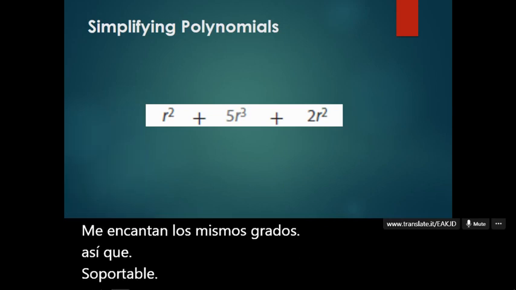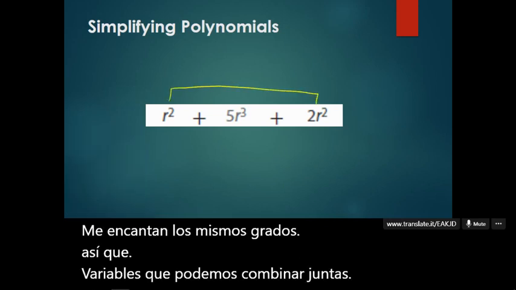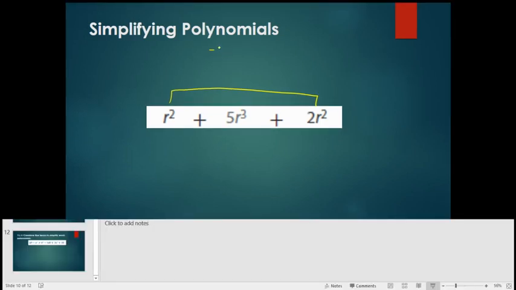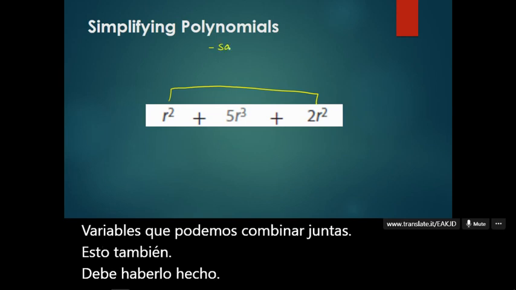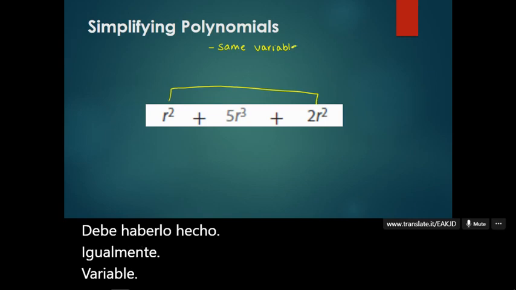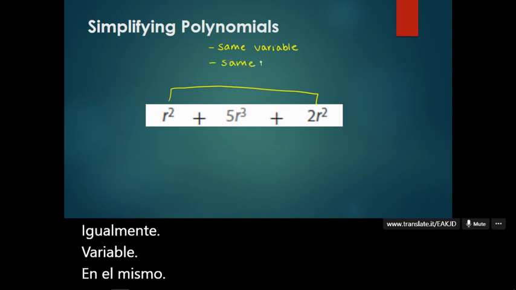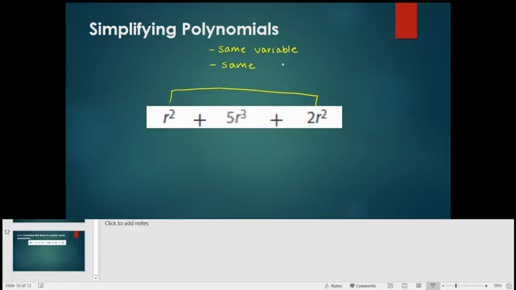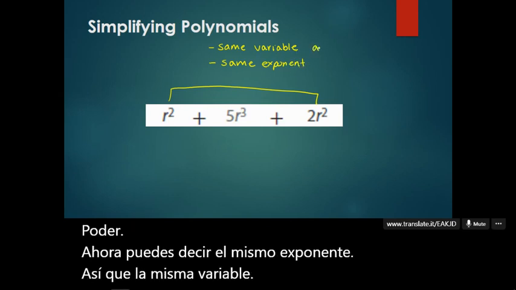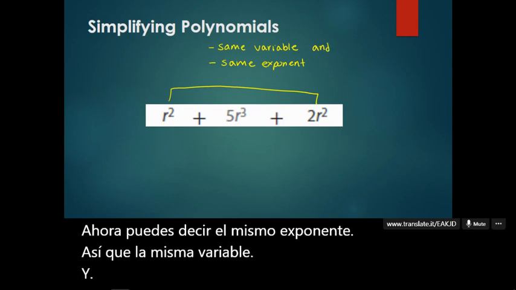Variables that we can combine together, like these two, must have the same variable and the same power, or you can say the same exponent.